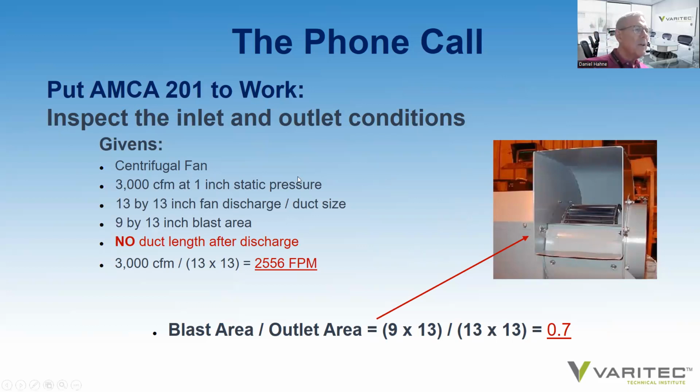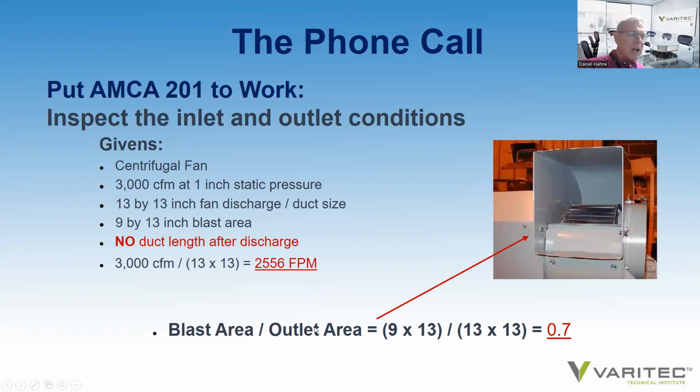It's a utility vent set designed to provide 3000 CFM at 1 inch of static pressure. The outlet size of the fan is 13 by 13. The blast area is 9 by 13. There is no duct length at the discharge of the fan. And the fan discharge velocity is 2,556 feet per minute.